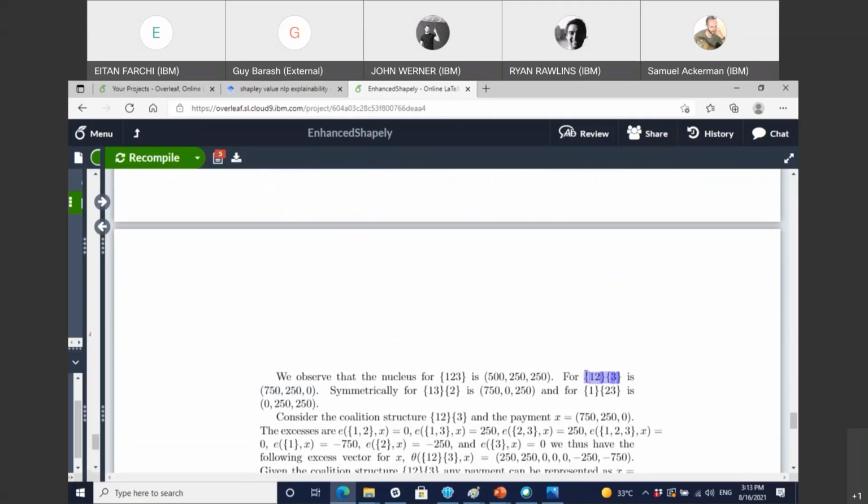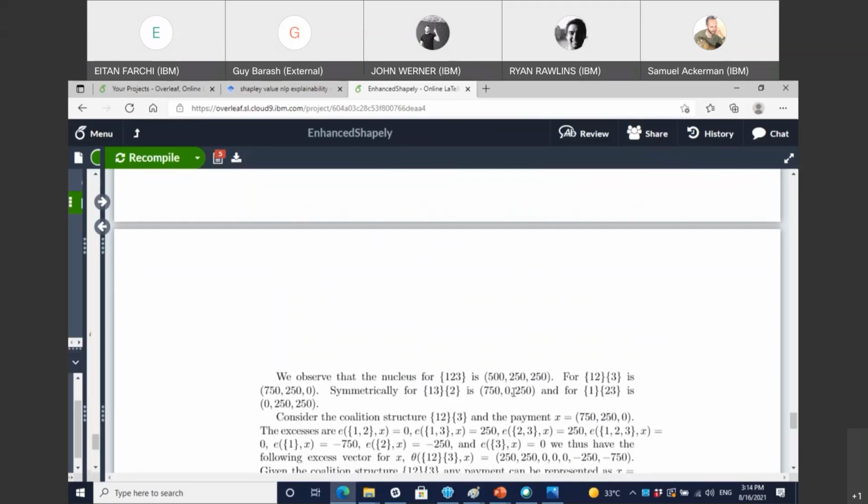As Guy was saying. But maybe if 1, 2, and 3 form a coalition, maybe 500, 250, and 250 is a reasonable payment. And maybe if 1, 2, and 3 go together, maybe 250, 250, and 0 is a reasonable payment. From the perspective of player number 2, he doesn't see an advantage to forming a coalition with 3 or with 1.